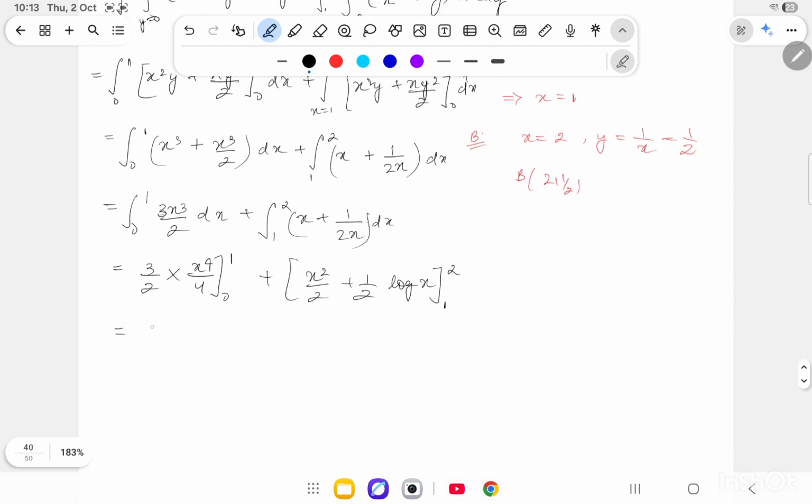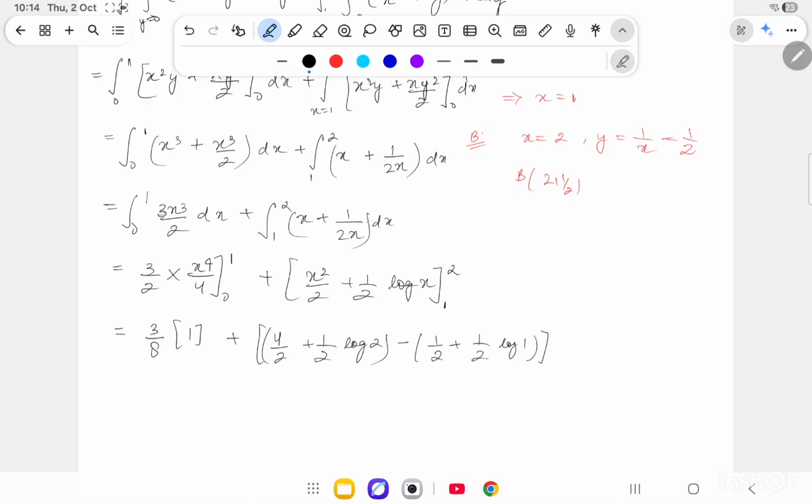So it is equal to 3 by 8 into 1, plus 2 to the 4 by 2 plus 1 by 2 log 2, minus 1 by 2 plus 1 by 2 log 1.